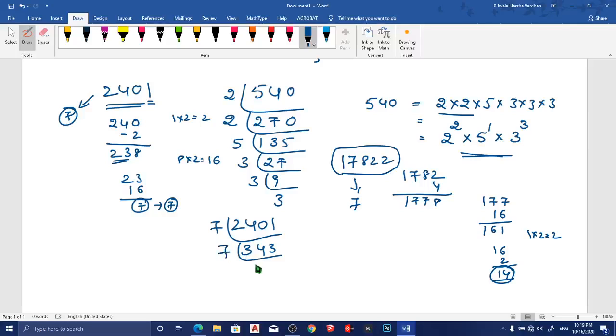Again with 7, how many times does it divide? 7 4s are 28, here 7 9s are 63, 7 7s are 49. So how many times are you multiplying 7 here? 7 into 7 into 7 into 7, 4 times. 7 raised to the power of 4.